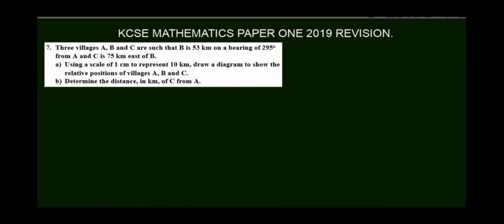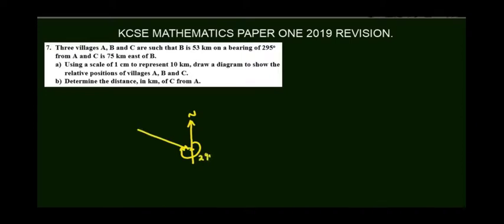So if we are positioned at A, we'll have to draw a true northing at point A. And then you're told to locate B from A. B is on a bearing of 295 from A, so we have 295 right there.